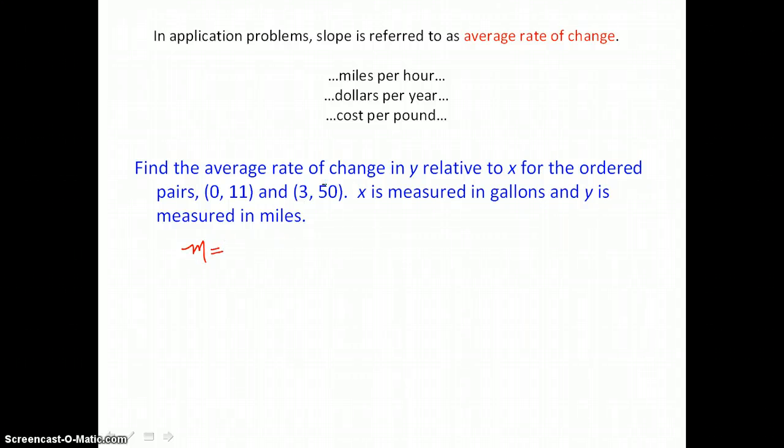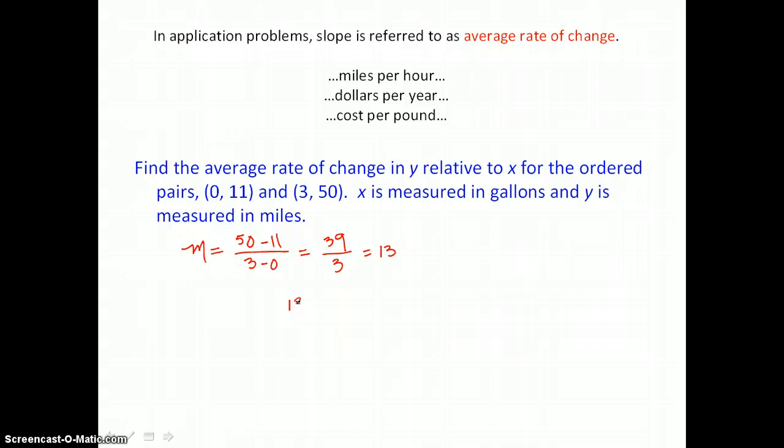We'll take a difference in y coordinates, 50 take away 11 on the top, and a difference in x coordinates on the bottom, 3 take away 0. So simplifying, we're going to get 39 on the top and 3 on the bottom. 39 divided by 3 is 13.